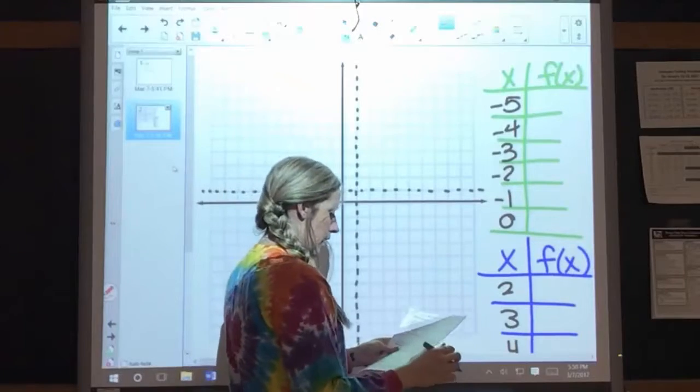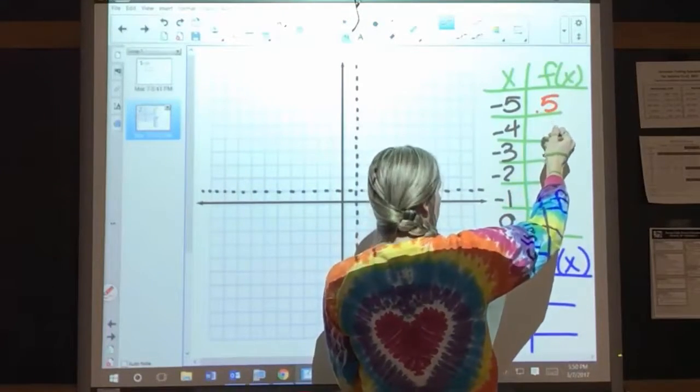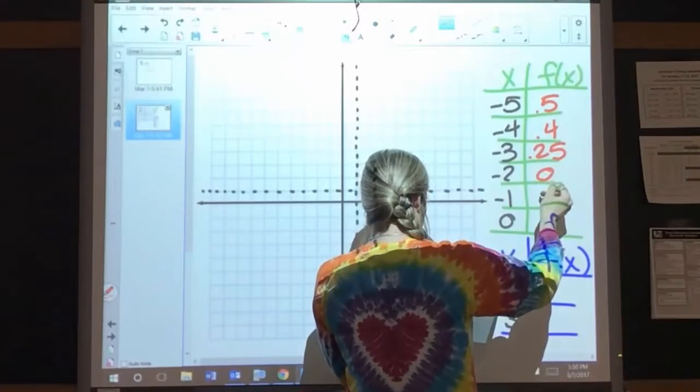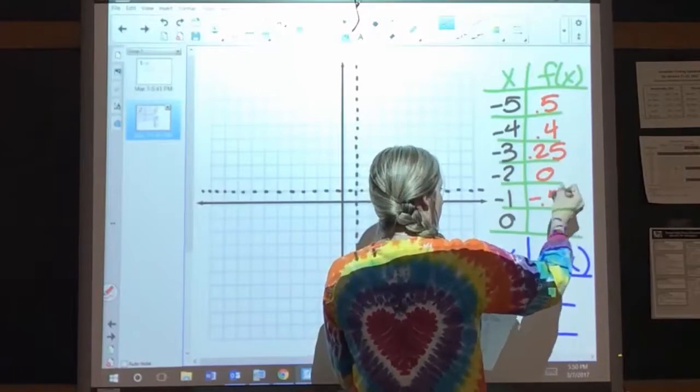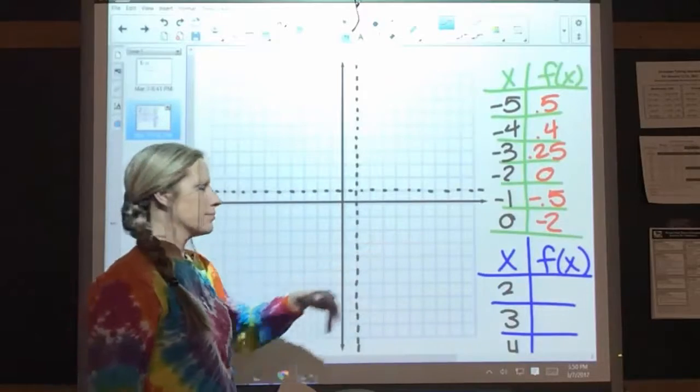Okay. So negative 5, 5.5, negative 4, 4.4, negative 3, 3.25, negative 2, 0, negative 1, negative 0.5, 0, negative 2. That's my first table.